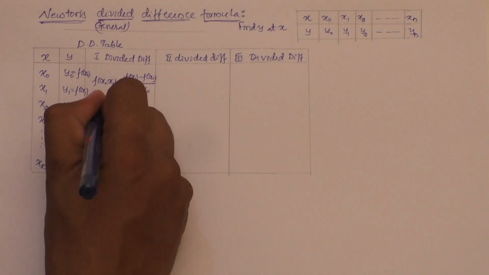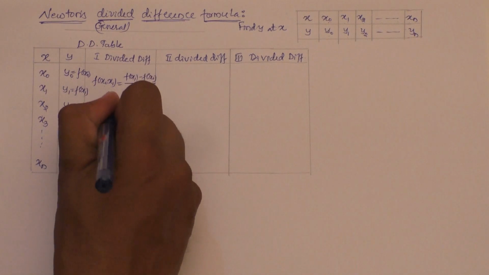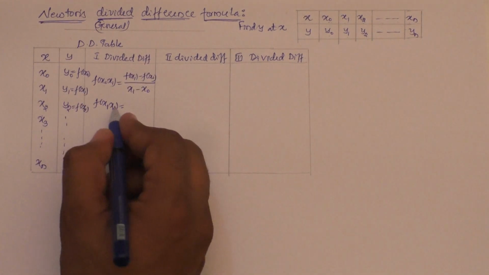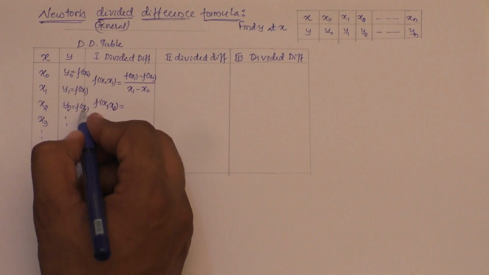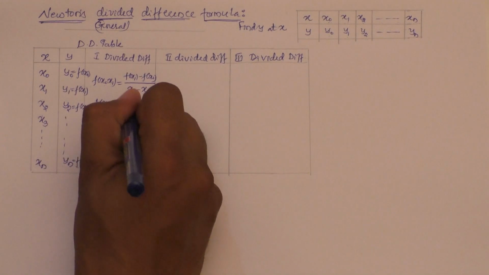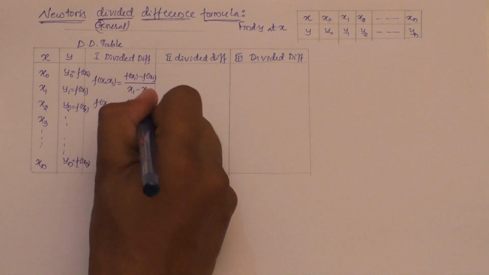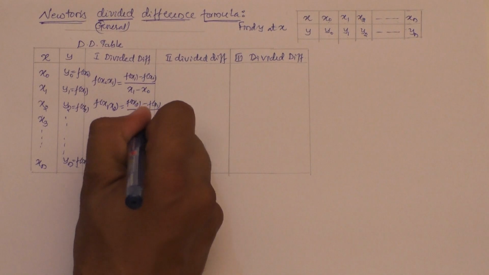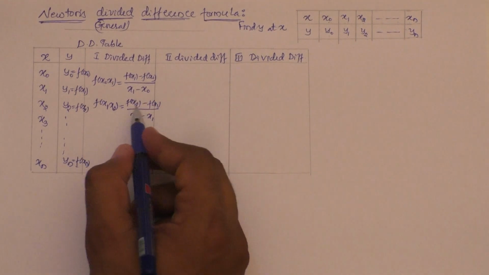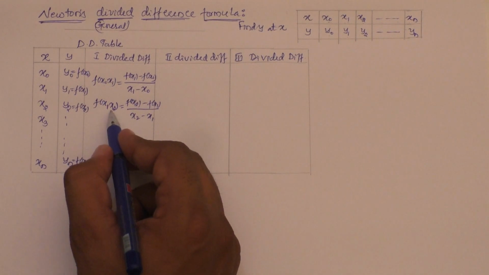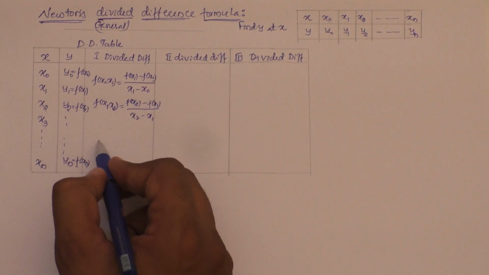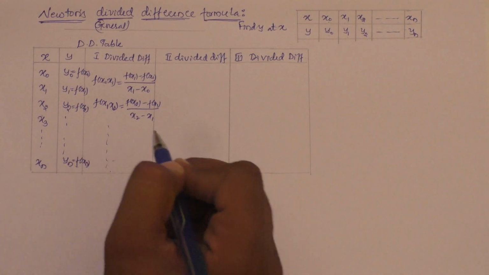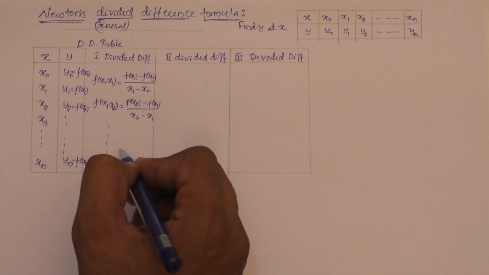Similarly f of x1 x2 is f of x2 minus f of x1 divided by x2 minus x1. Similarly x2 x3, x3 x4, up to xn minus 1 xn. Like that you can find further. These are all called first divided differences.